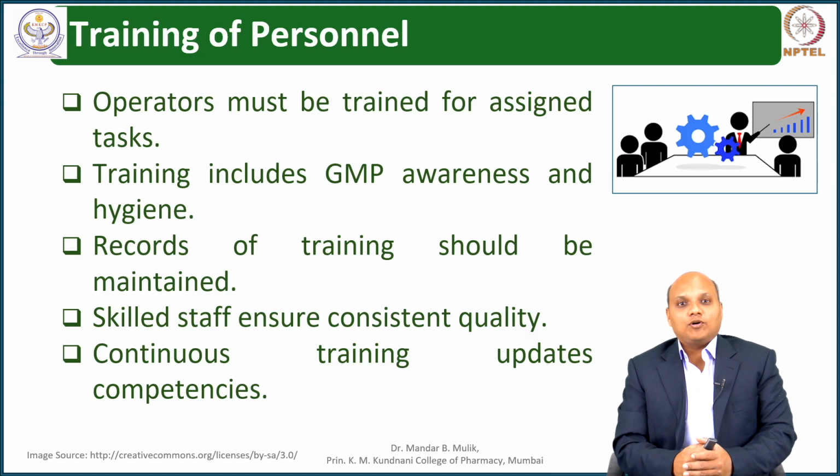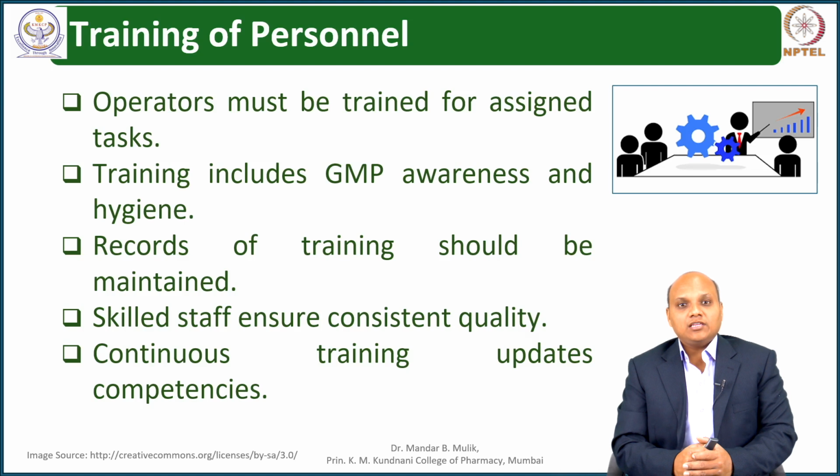GMP also talks about the hygiene of operators and laborers, because hygiene has a direct impact on the product quality. If any worker or laborer is carrying a particular infection, then such infection can percolate into the final product and deteriorate its quality.